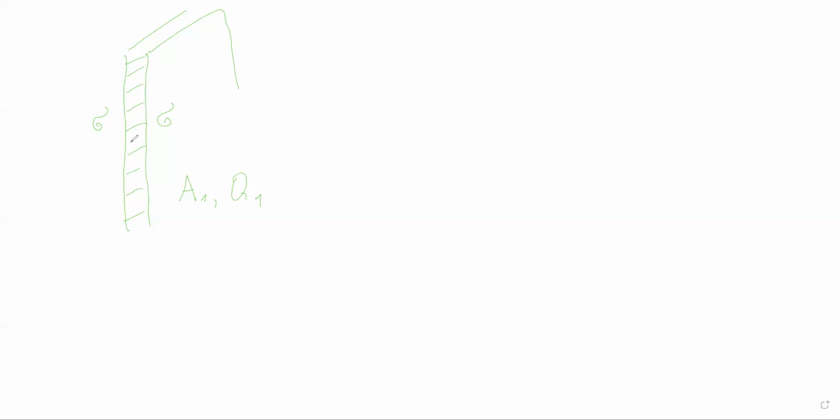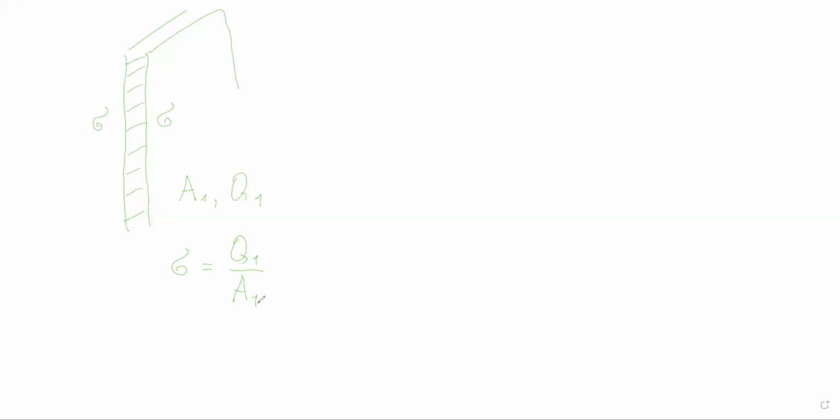So we are going to see that this is sigma, the total area is A1 and the total charge is Q1. So what I'm going to do is write down that for the same area, what we know about sigma equals charge divided by the area, right?